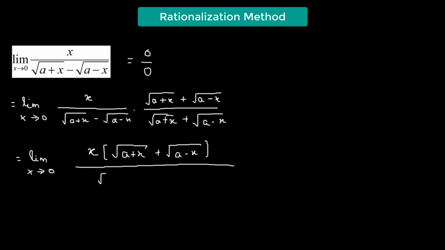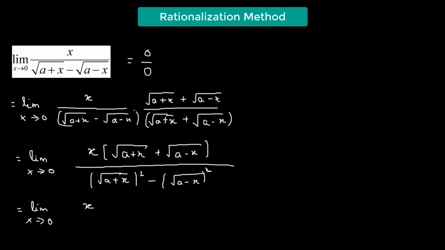now we have the standard form, which is a minus b times a plus b. So we are going to use the identity that this is equal to a squared minus b squared. So that will be root of a plus x whole squared minus b squared. So b here will be square root of a minus x whole squared. So that will give us limit x approaching 0.